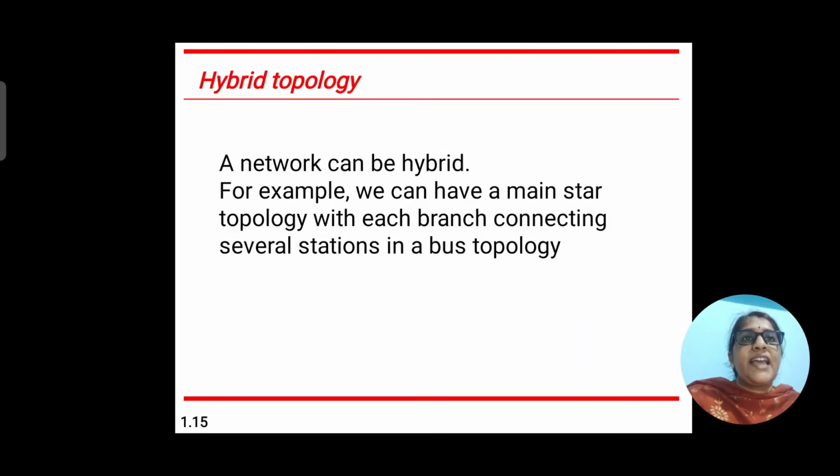So next is hybrid topology. A network can be a hybrid. For example, we can have a main star topology with each branch connecting several stations in a bus topology. As we know, in a bus topology, one long cable acts as the backbone to link all the devices.